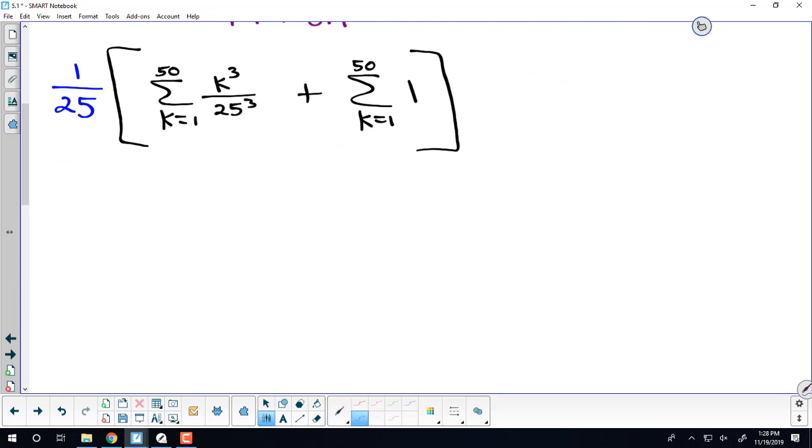So we're going to take that and put it in front of this summation here. So we just have the sum of k cubed and then all of that times 1 over 25 cubed. The second summation, the plus 1 from 1 to 50, is already in a form we can apply the formula directly to.